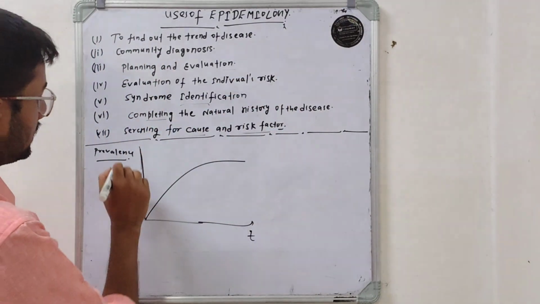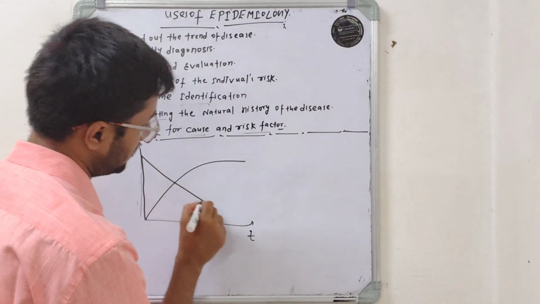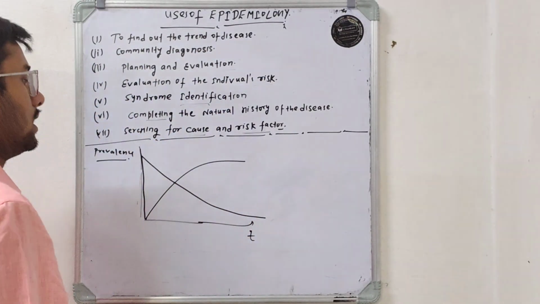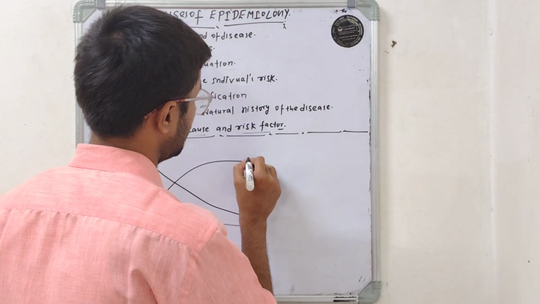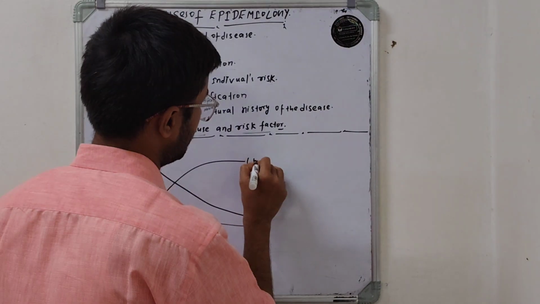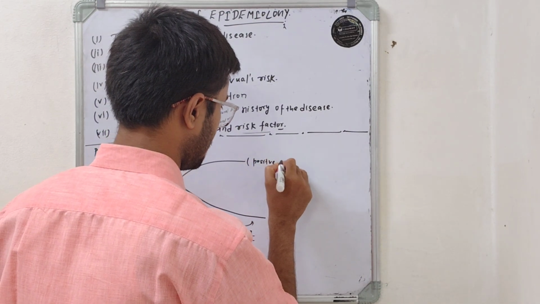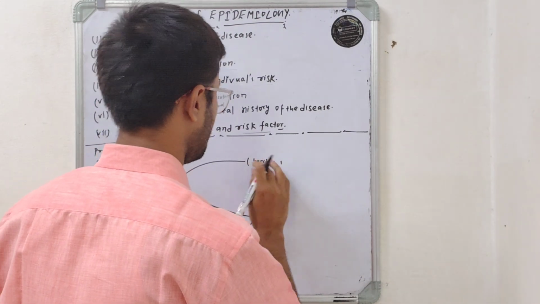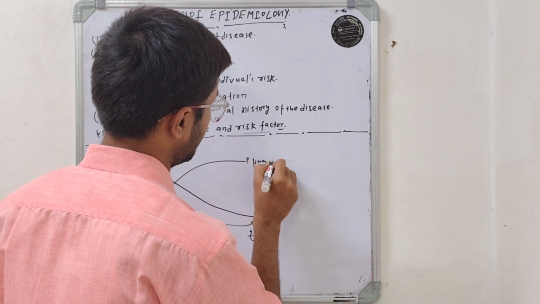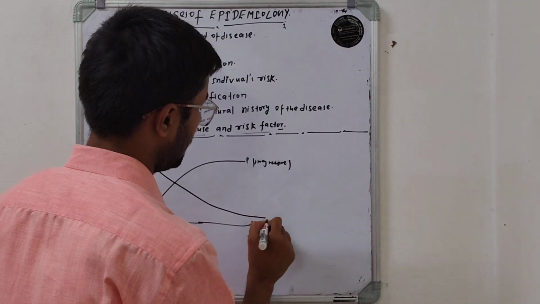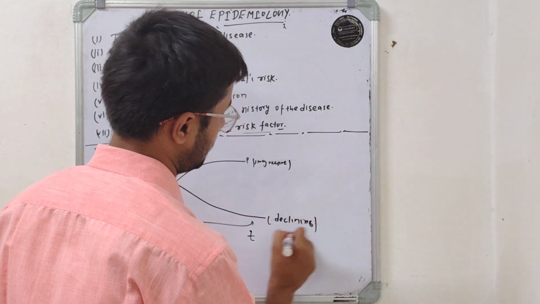On the other hand, if the prevalence decreases, the progression of disease also decreases. This graph indicates the progressive nature of a disease, and this graph indicates the declining nature of a disease.